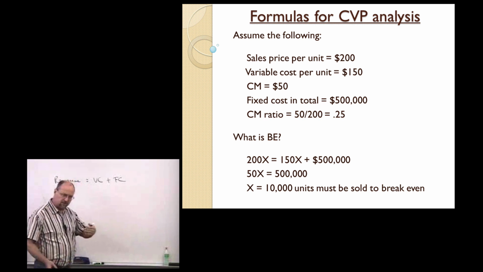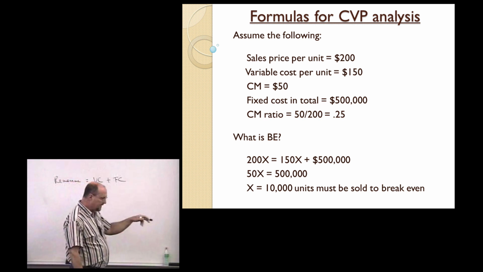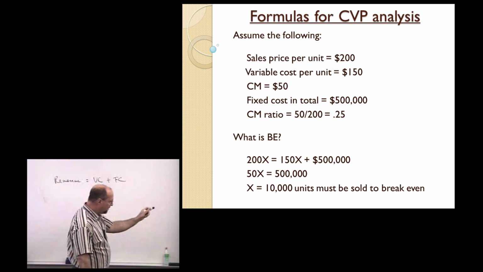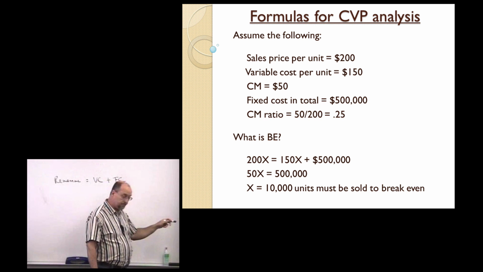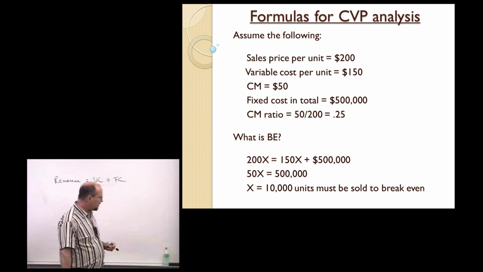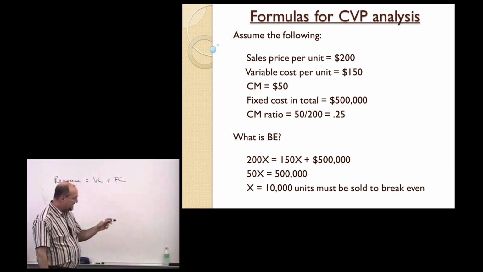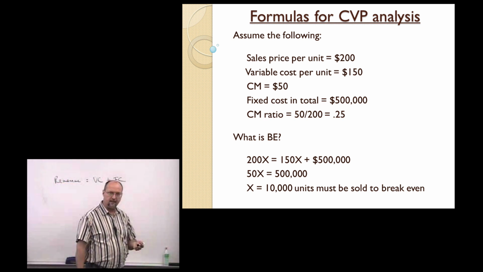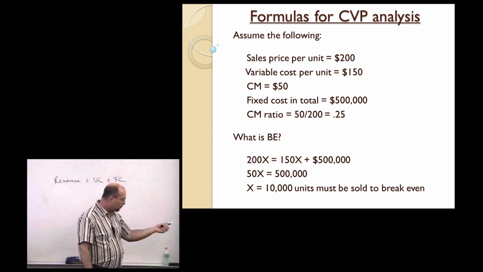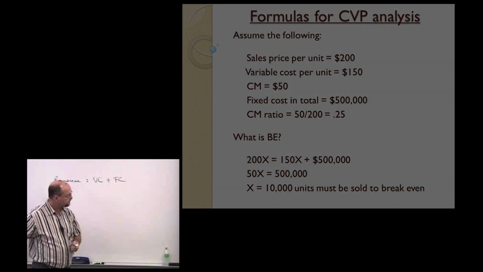So now let's take this the algebraic path. 200X, let's isolate X. So let's subtract 150X from both sides, and we're left with 50X, which, by the way, is our contribution margin, equals 500,000, divide both sides by 50, X equals the 10,000 units of product that we have to sell to break even, to cover our costs. So our break-even point is 10,000 units of production.